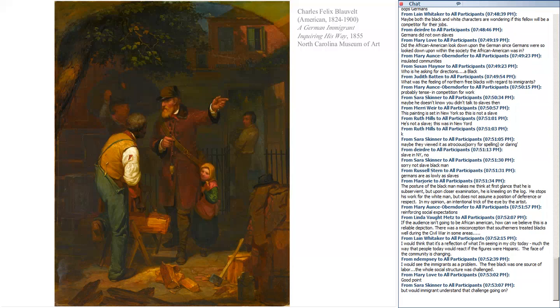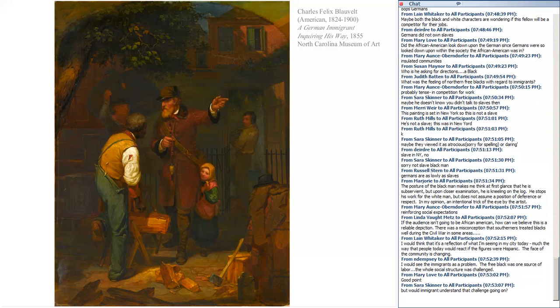That is one interpretation, and that would be the anti-immigrant, the know-nothing interpretation of the picture. But then it gets back to the artist, Charles Blauvelt, and I don't think an artist whose grandfather was a German is going to be saying those things about a German immigrant.